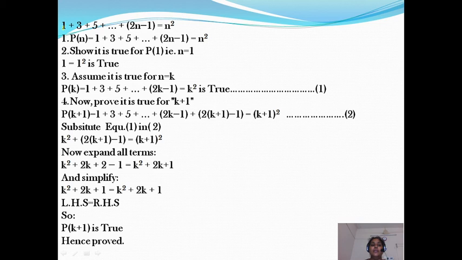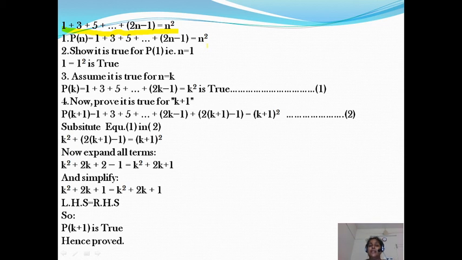We have to prove that 1 plus 3 plus 5 plus and so on plus 2n minus 1 in the LHS is equal to n square in the RHS. So the first step is to assign the question as P of n. P of n is equal to 1 plus 3 plus 5 plus and so on plus 2n minus 1 is equal to n square.